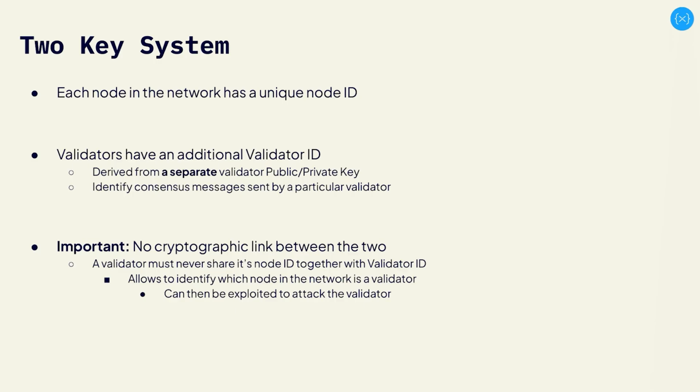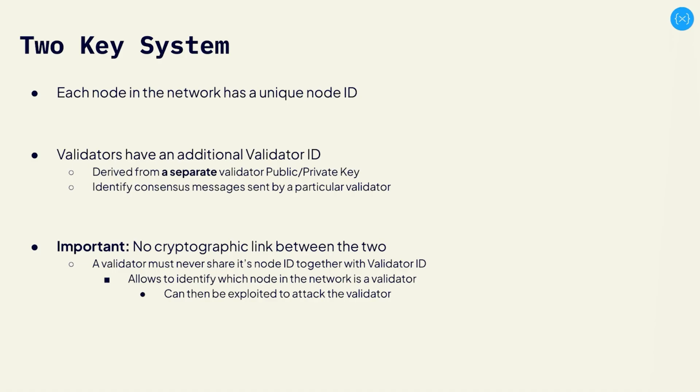This identity of validators is then used to sign consensus messages that originate from this validator. It is very important: there's no cryptographic link between the node identity and the validator identity.